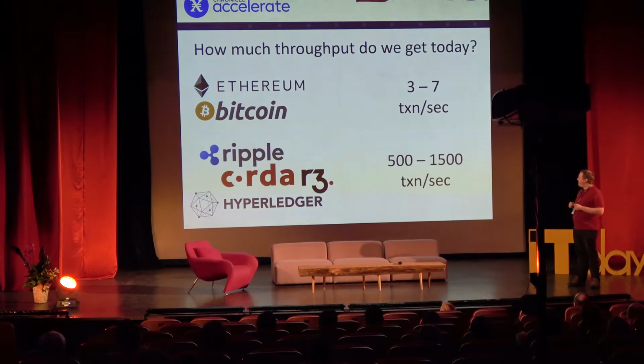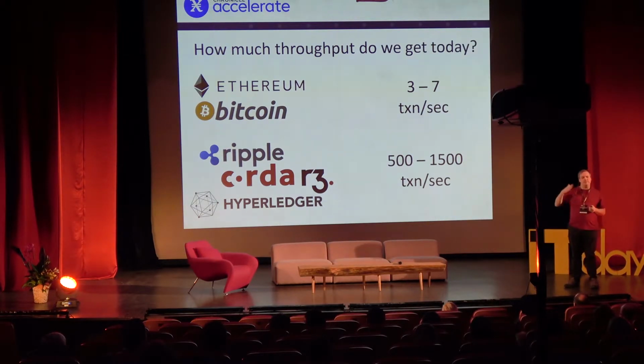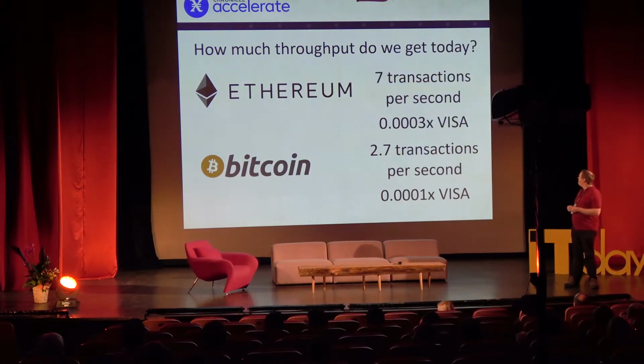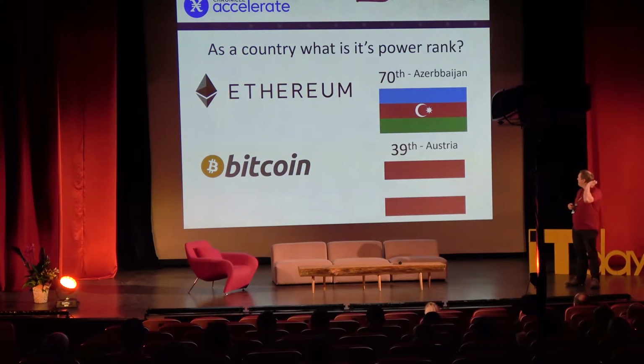I've seen a benchmark for Corda getting to around 6,000 a second, although it wasn't clear whether they used a single chain or multi-chain. In any case, they're sitting behind Visa in terms of throughput. So, as you can see, they're a very small percentage of what Visa actually achieves.